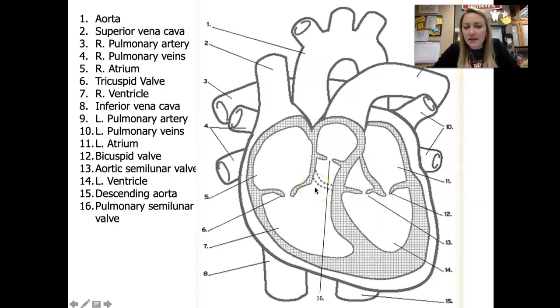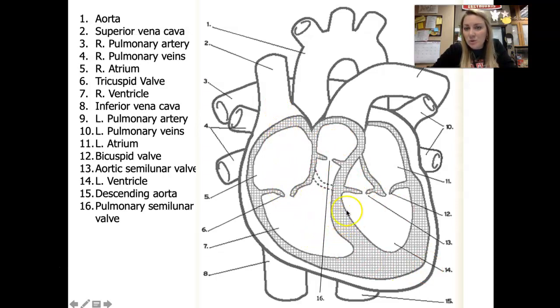One other structure that I don't have labeled on here for you to know is this one right here. Between the two ventricles, there is a thick wall of muscle, of that myocardium, and that's called the septum. There can be a leak in the septum. When we have blood coming back from the body, it hasn't gone to the lungs yet.